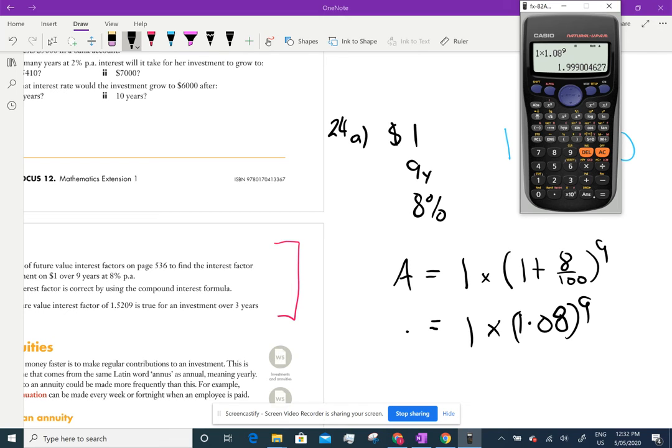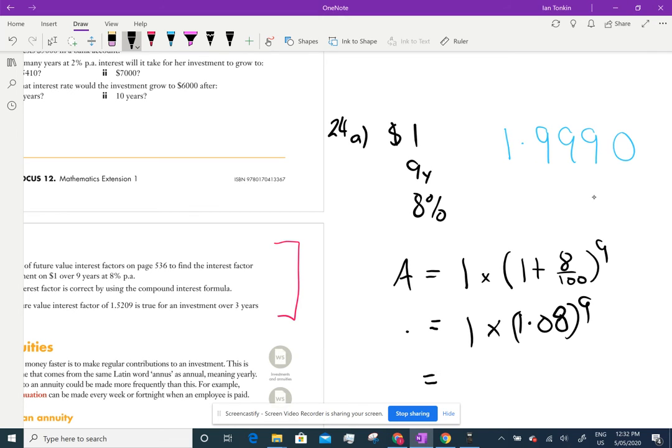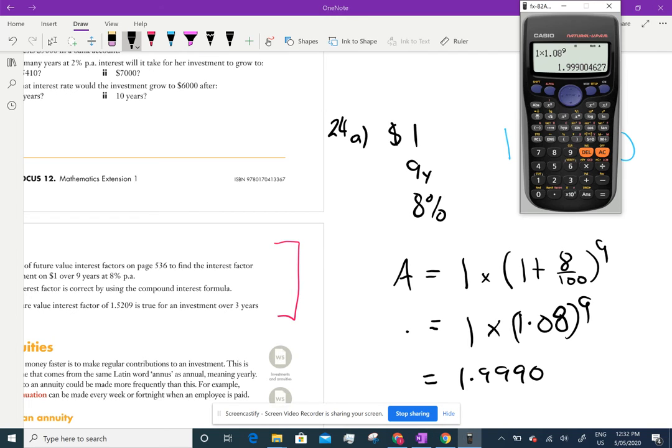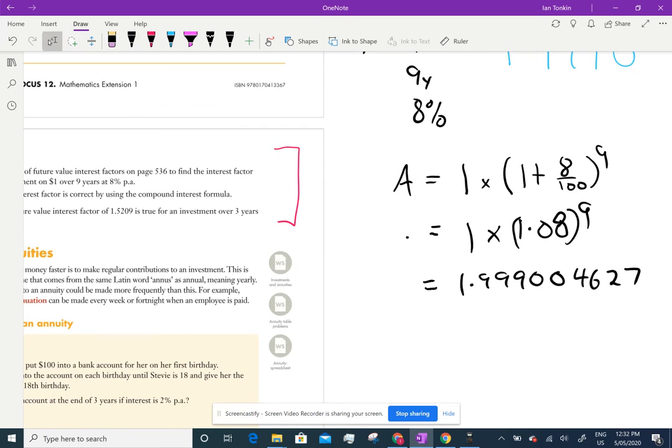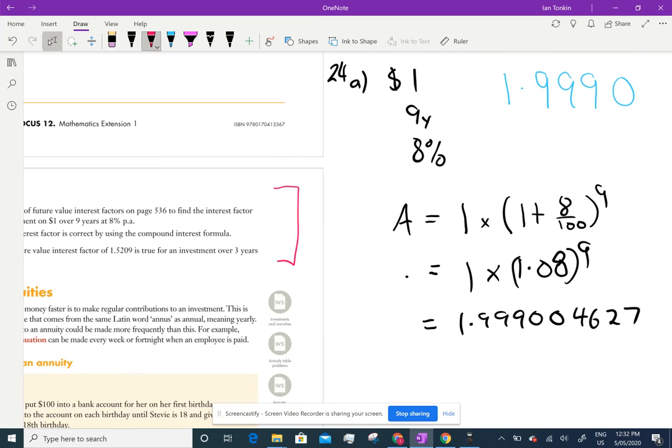And I'm going to write all that in because it equals 1.9990 04627. Because if I were to do this in an exam, I'd want them to know that this is a rounded version, and that's still a rounded version, but it's more decimal places because of my calculator.